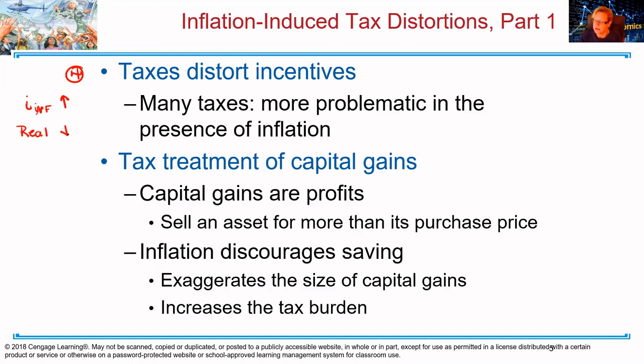So that's difficult. And sometimes people will think that because it's a 30% gain in terms of capital gains, they don't really understand that they're paying higher taxes because of inflation. So inflation tends to discourage savings and exaggerates the size of the capital gains tax.